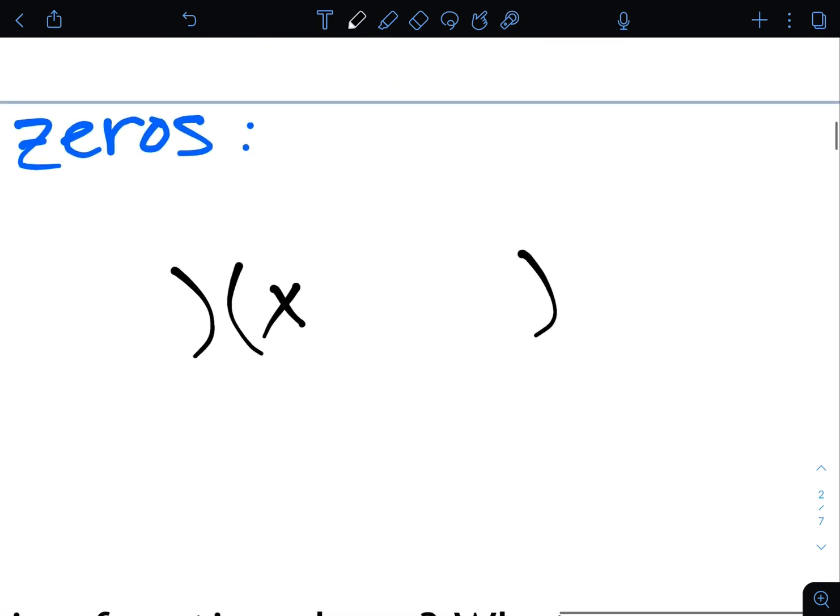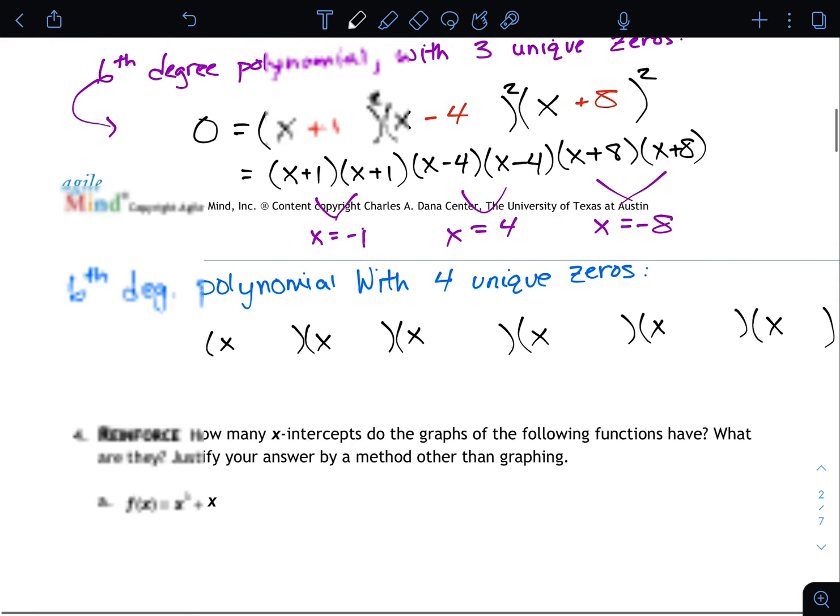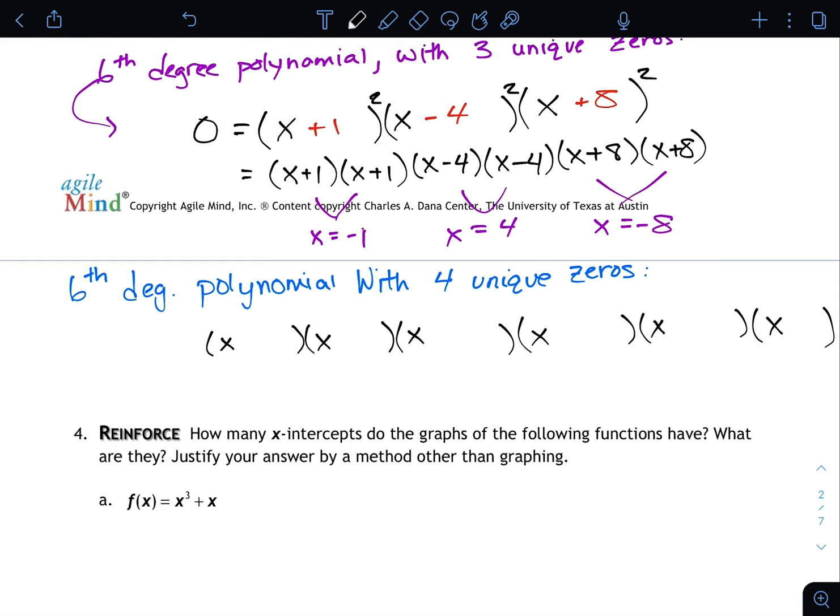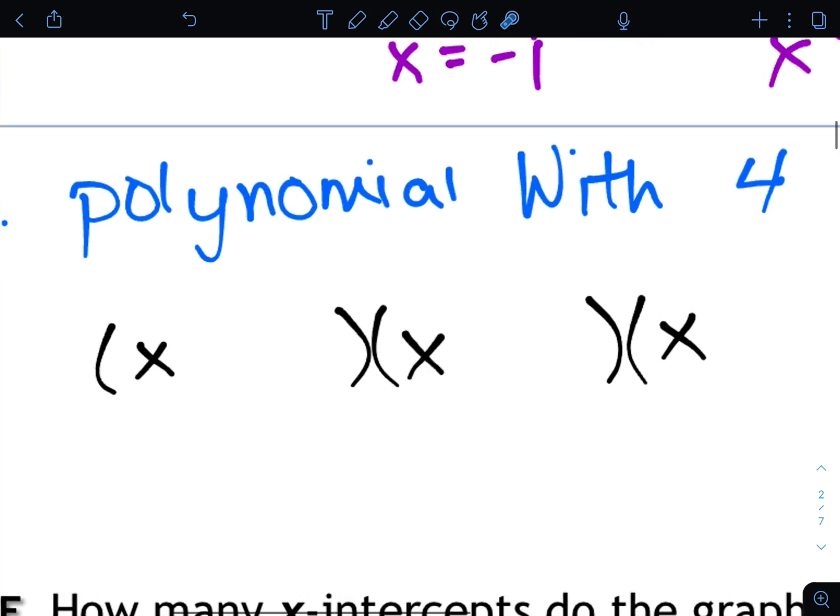Oh, I need one more. All right, and then I can choose what I want to fill in, but I need to fill it in such a way that I only have 4 unique zeros. So right now I have 6 groups, but I only want 4 of them to be unique.